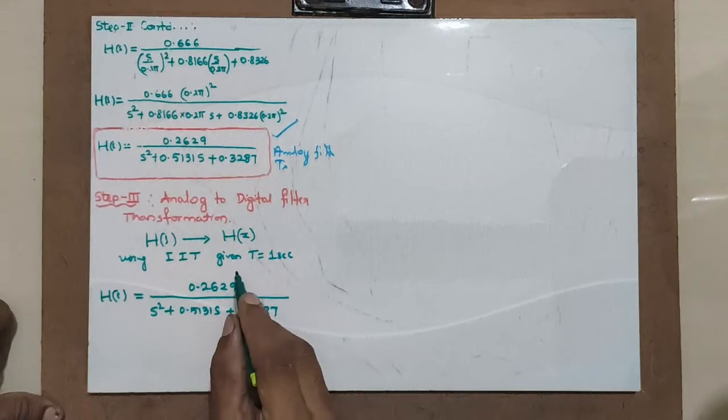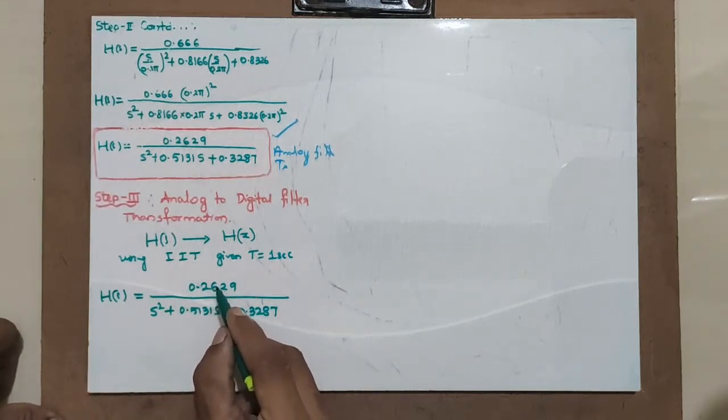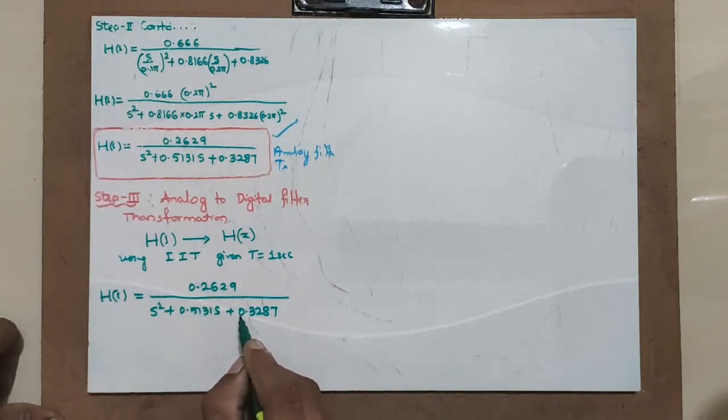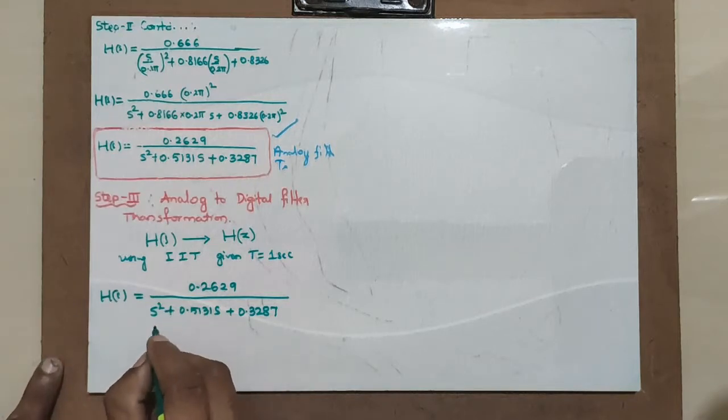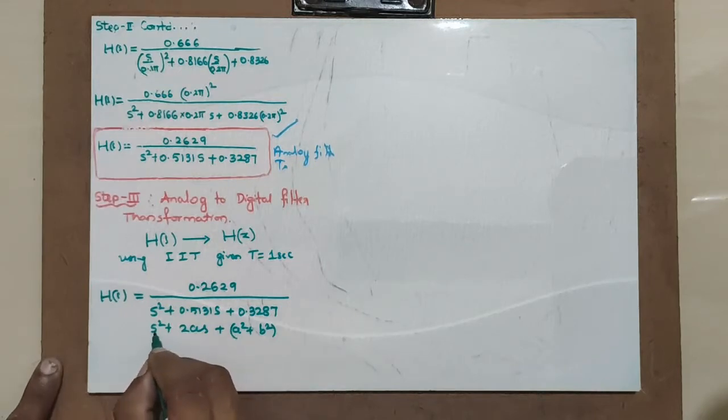I have to convert it into H of z using impulse invariant transformation. You already know that it is in the standard form b divided by (s plus a) whole square plus b square type. Hence, I am writing s square plus 2as plus a square plus b square. Actually, this is also equal to (s plus a) whole square plus b square.